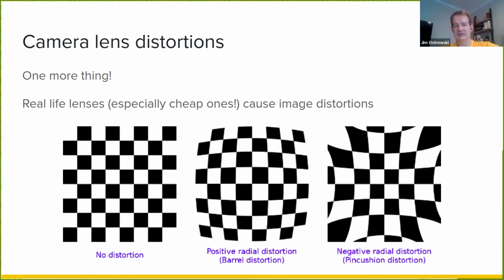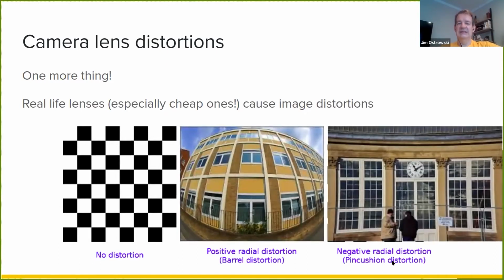You have no distortion, that's the perfect case. A positive radial distortion is sometimes called a barrel distortion. It looks almost like a barrel shape. And a negative radial distortion is sometimes referred to as a pincushion distortion. It's almost like you pushed a pin into a cushion, and so it's folding in that way. These are the types of distortion you might expect to see.